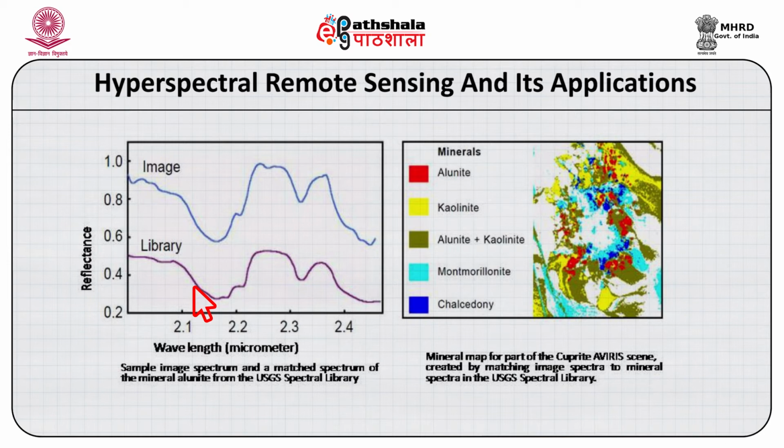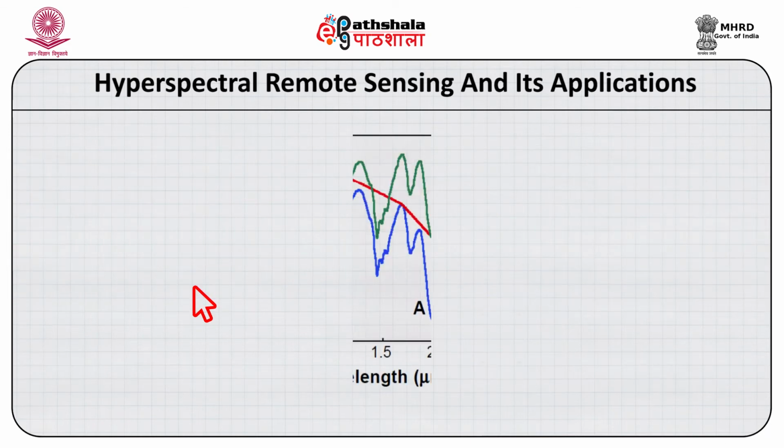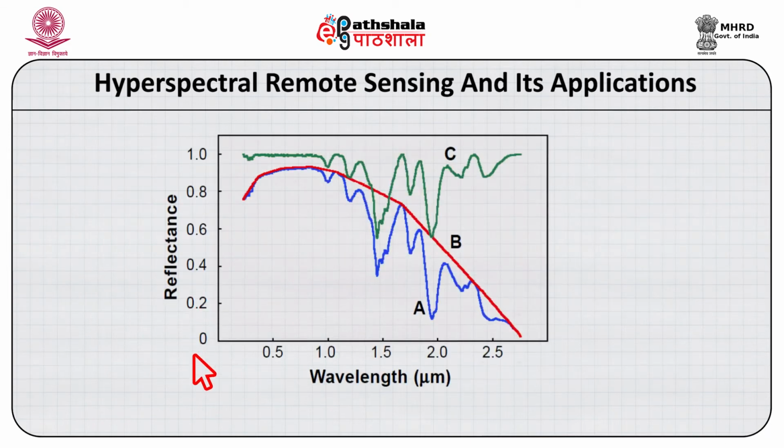Now, if you see figure 11, that is the reference spectrum of the mineral gypsum. It shows what kind of reflectance is there in a particular wavelength region for gypsum. For gypsum, in the wavelength region, A is the spectrum with several absorption features, the B curve shows the continuum of the spectrum, and C is the spectrum after removal of the continuum.